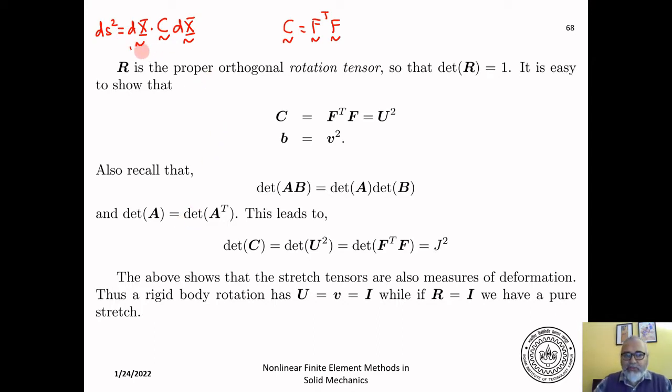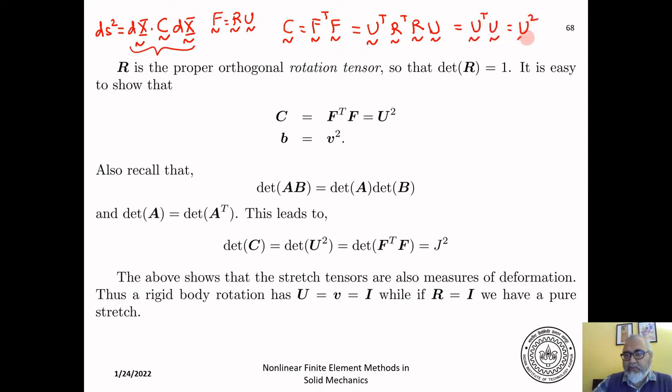So it's actually a measure of strain, and it was defined as F transpose F. And now it's easy to see that when you have split up F into R times U, then F transpose is U transpose R transpose. R transpose R, R being a proper orthogonal tensor, is equal to identity. So this gives you U transpose U, which we write as U squared.